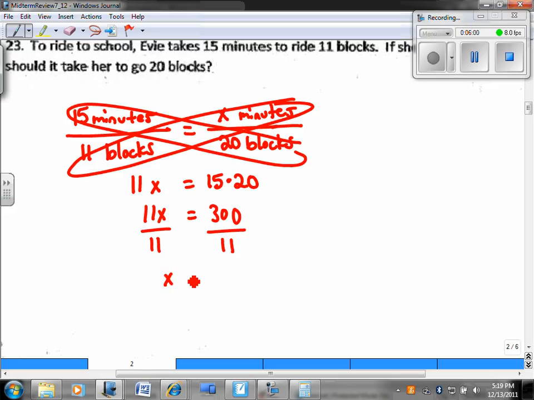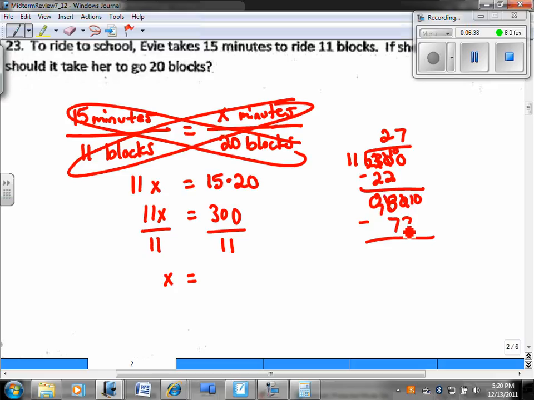So how many times does 11 go into 300? 11 doesn't go into 3. 11 goes into 30 twice, and that's 22. Okay, so 2 from 10, because we had to borrow, is 8. And we can think about that. 30 minus 22 would be 8. Very good. Okay, bring down our 0. How many times does 11 go into 80? It goes in there 7 times, and that's 77.